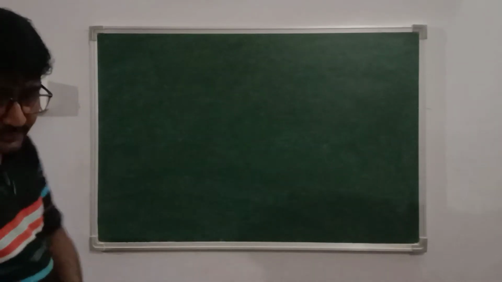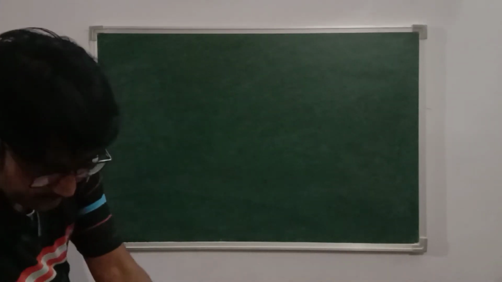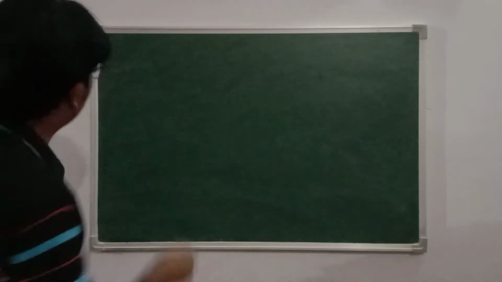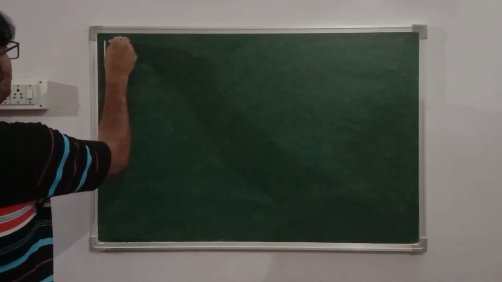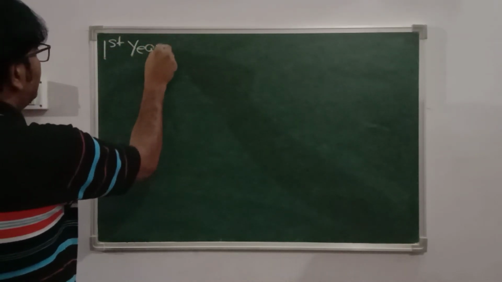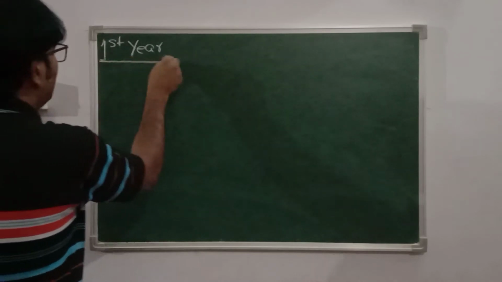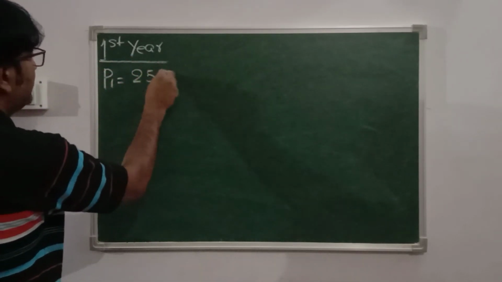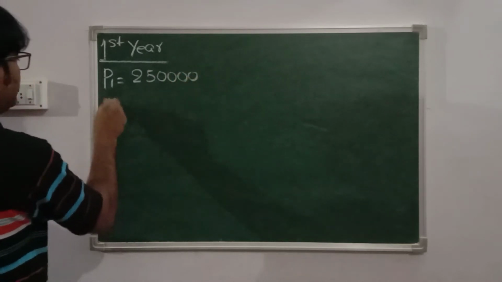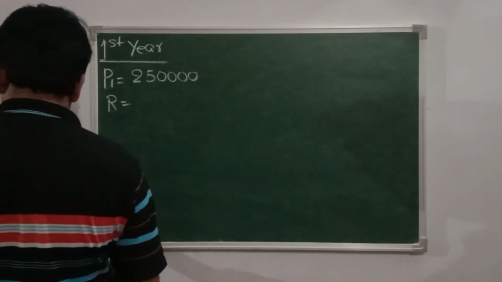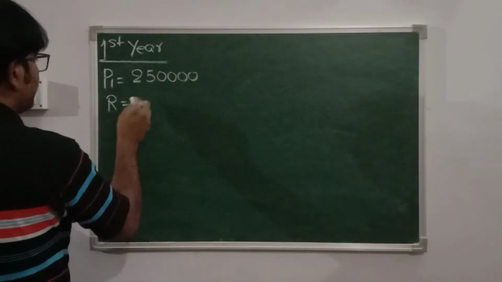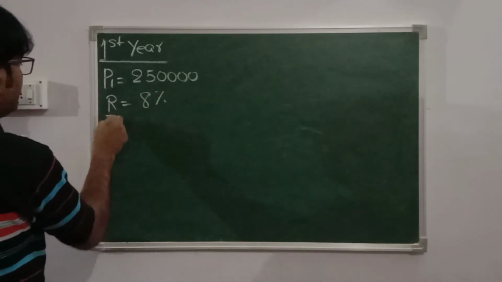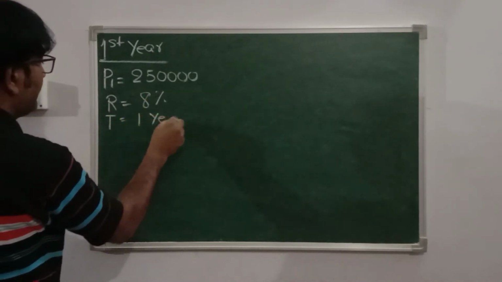Okay, so let us start. The first year, so P1 is 2,50,000. So a rate of interest, let's suppose given is 8% and T is 1 year.